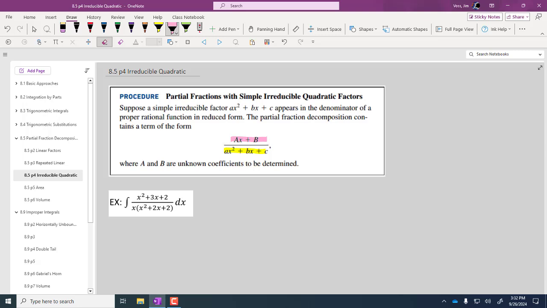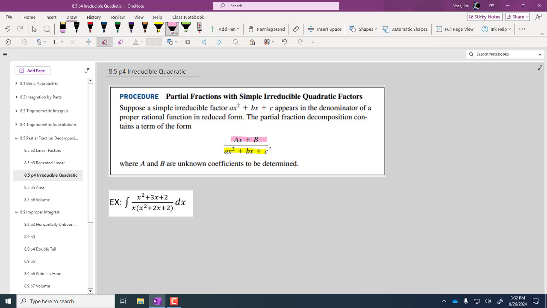The idea is that we want the numerator to be one degree less. If we have a quadratic in the denominator, the numerator is going to be linear. We're trying to create the most general, yet still proper fraction.